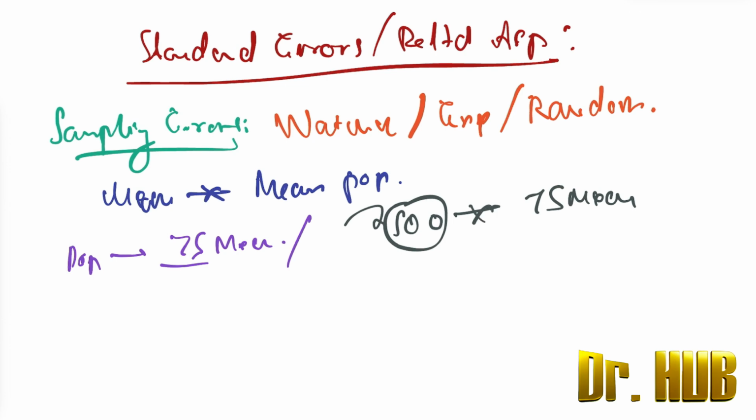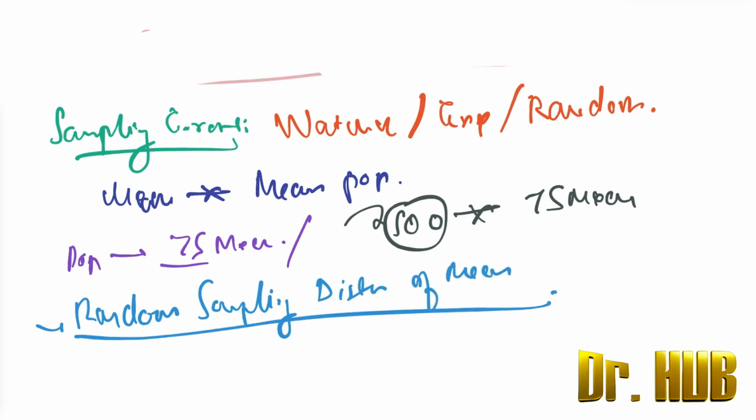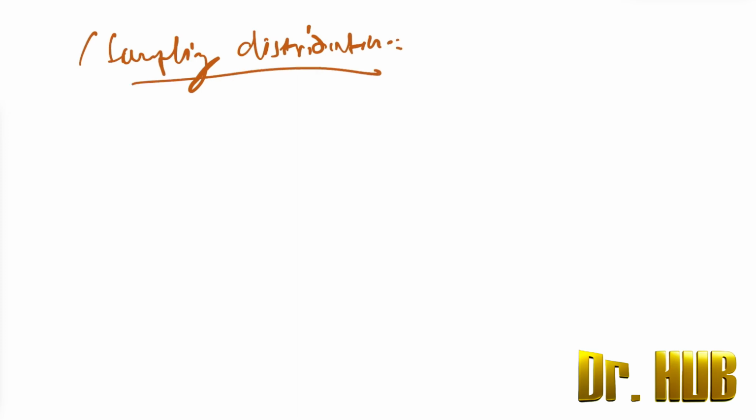Next is the random sampling distribution of means, also known as the sampling distribution. What does this refer to?